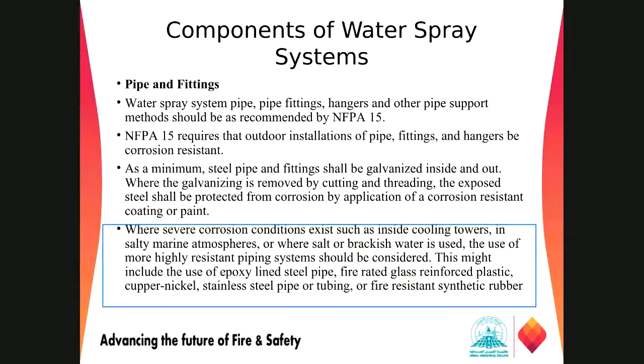So in those areas we have a high atmosphere for corrosion potential. In those areas, the pipe should be epoxy lined steel pipe or fire rated glass reinforced plastic, the RTR pipe, maybe stainless steel pipe or copper nickel pipe, or any kind of piping which is more corrosion resistant than the normal steel pipe we see in our daily life in industrial establishments.